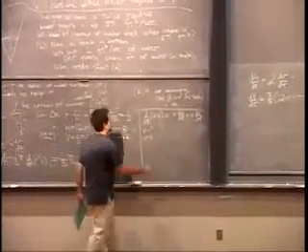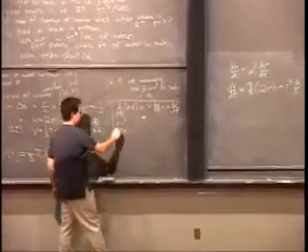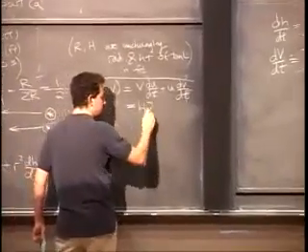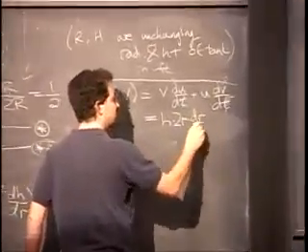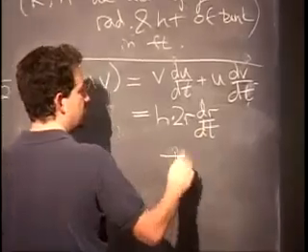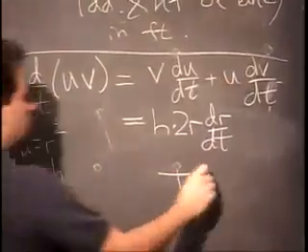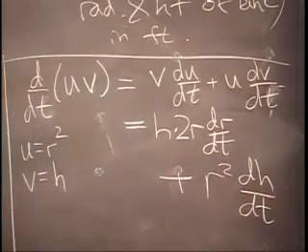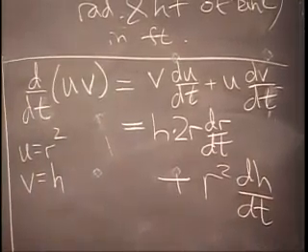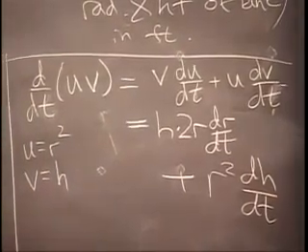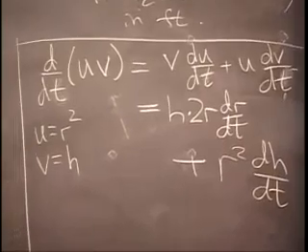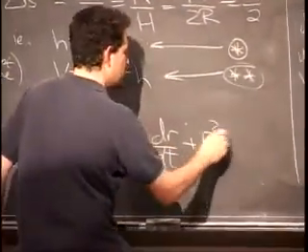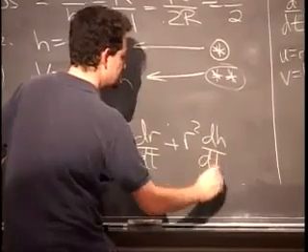So what do we get? Let's just go back here. v is h. du/dt, we have to differentiate implicitly and get 2r dr/dt. That's better. Plus u is r squared dh/dt. So I was almost right. There's an extra dr/dt there, and it needs to be r squared dh/dt.